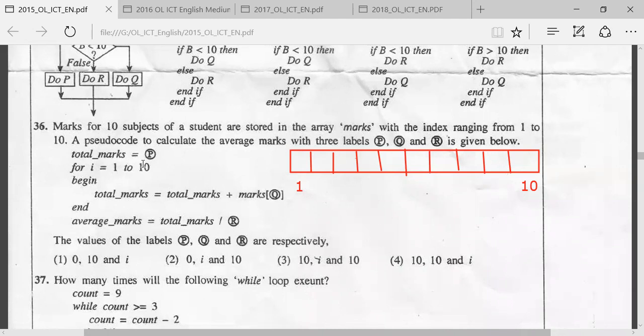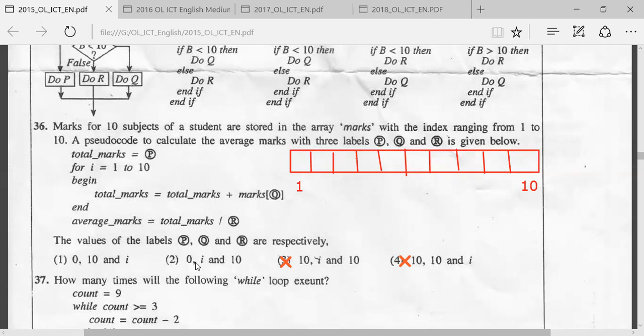So total marks equals P, P is equal to 0 because the variable total marks will have the initial value of 0. Why? The program was not yet executed, right? So here this is the initialization stage. So the value will be 0. That's why we can remove the third and fourth answer options. The first one and second one have 0.